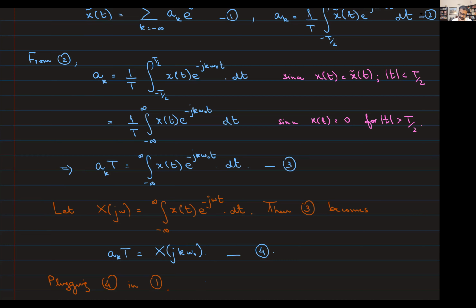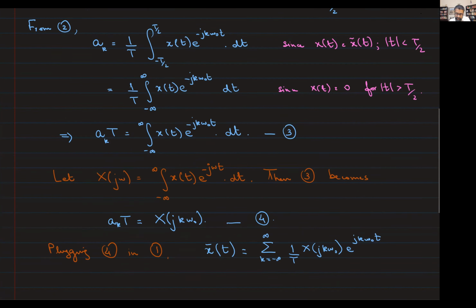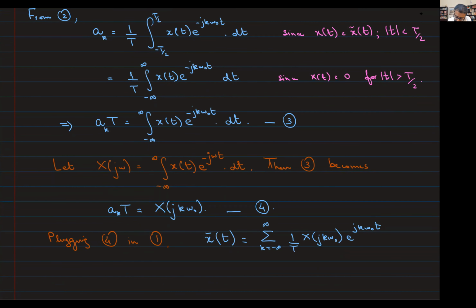What I get is that x tilde of t, which was my periodic signal that I started out with, can be written as the summation k going from minus infinity to plus infinity of a_k, and a_k is equal to 1 upon T X of j k omega naught, times e raised to the power j k omega naught t. So this is just replacing equation number 4 into the original synthesis equation. All I've done is use this a_k that I was working with.